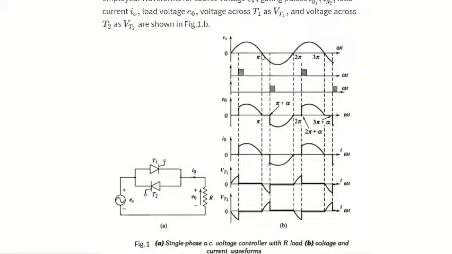When the supply crosses 0, that is after pi, T1 will be reverse biased and it will get turned off, right? That is shown here. Now stop here and we will move on to T2. I'll come back here again later.